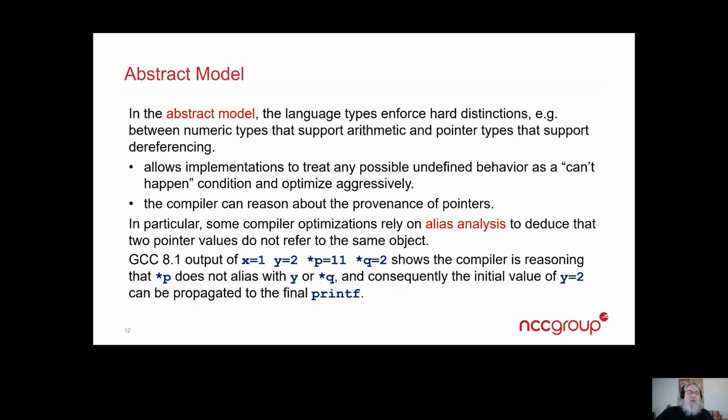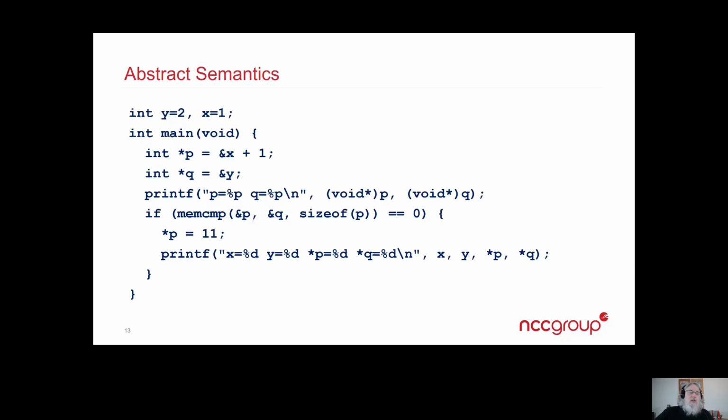If we look back at the code again, what happens here is that we're adding 1 to the address of x, and we're assuming that address now points to the same storage as y. This is not undefined behavior because we're forming what's referred to as the one-past pointer.